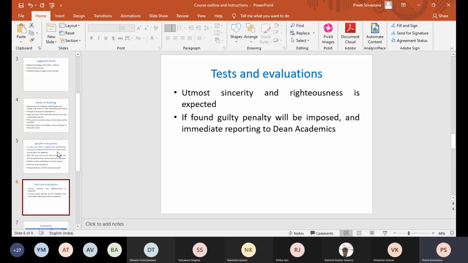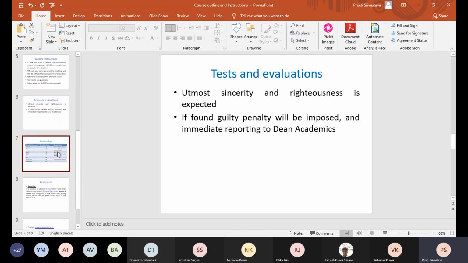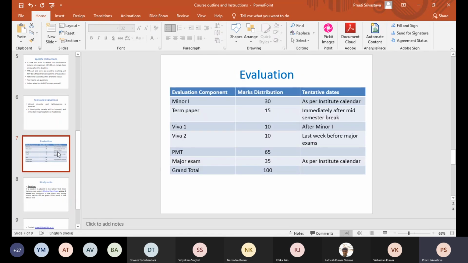Tests and evaluation: you need to be sincere. Utmost sincerity is expected, and a penalty can be imposed, so you need to be careful in that, right? The minor one will be of 30 marks. The timings will be as per the institute calendar. I will be allotting you a term paper, and this will be for 15 marks.